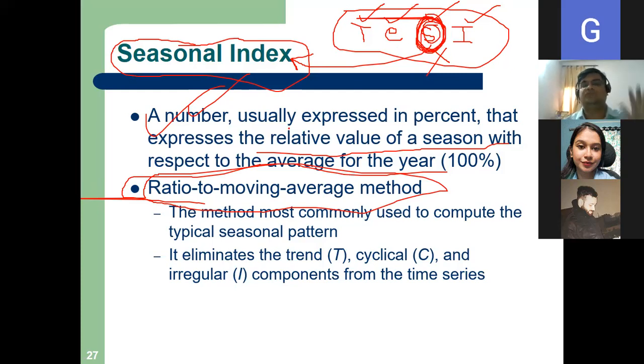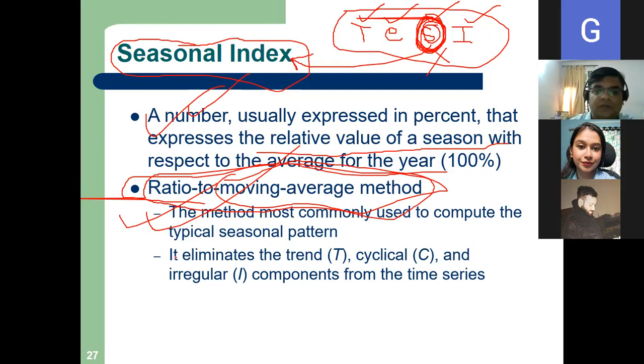So now first let us understand the ratio to moving average method. Already we know what the moving average method is. In the last session I discussed it, and we solved a problem also. So what is this ratio to moving average method? Okay, let us learn this. This is the method most commonly used to compute the seasonal index.